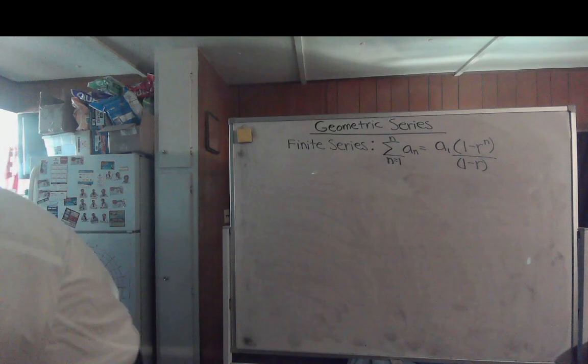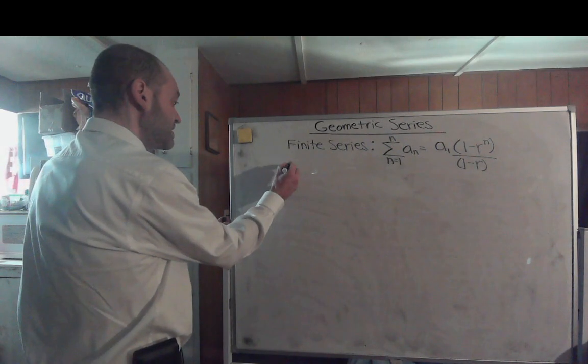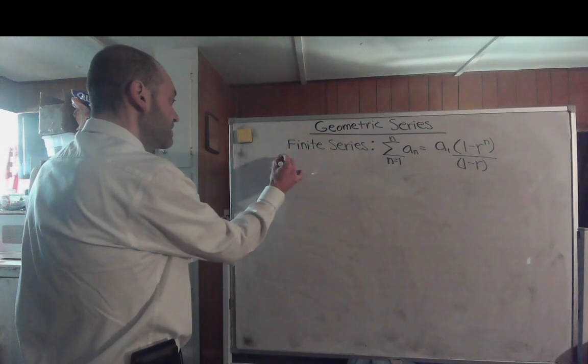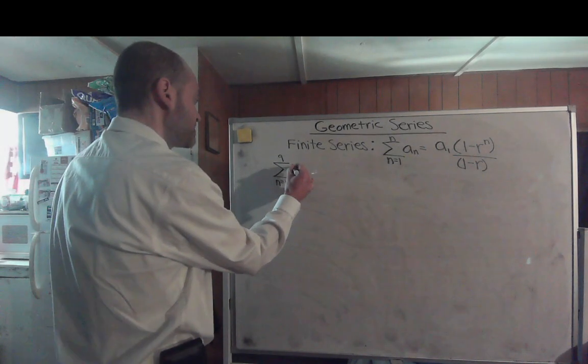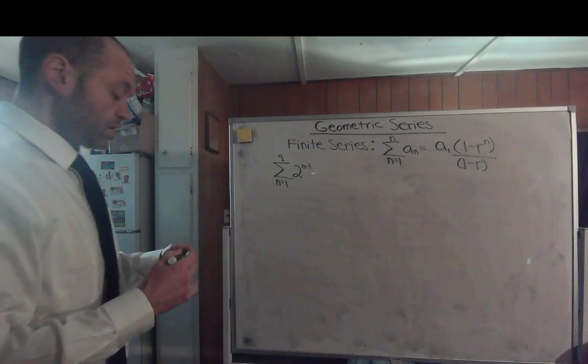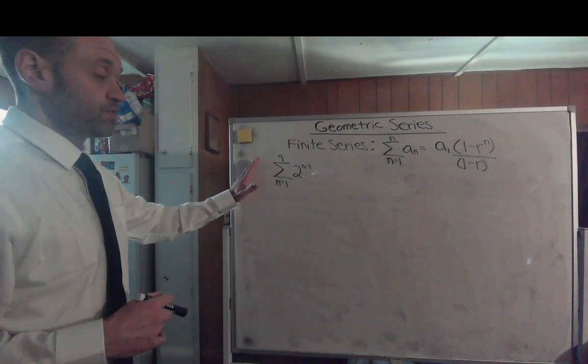Alright, so we have a finite series here from n equals 1 to 9 of just 2 to the n minus 1. Well, they already gave us the sigma notation, right?